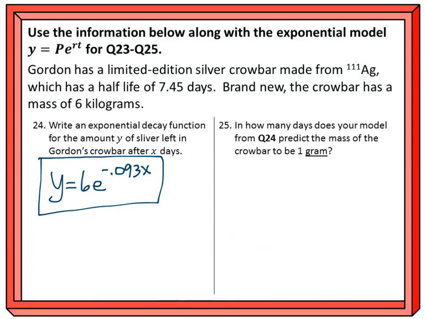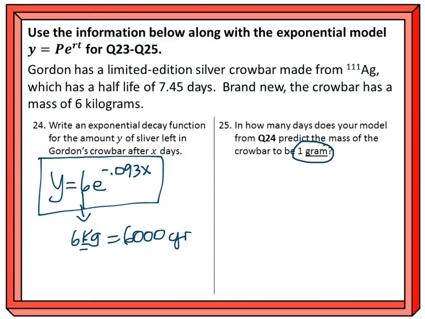So in how many days does your model from question 24 predict the mass of the crowbar to be 1 gram? And I underlined gram here because our original amount was in kilograms. Well, 6 kilograms. How many grams are there in a kilogram? There are K of them. K of them is 1,000. So this is equal to 6,000 grams.